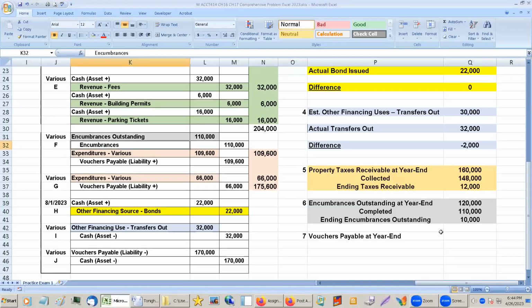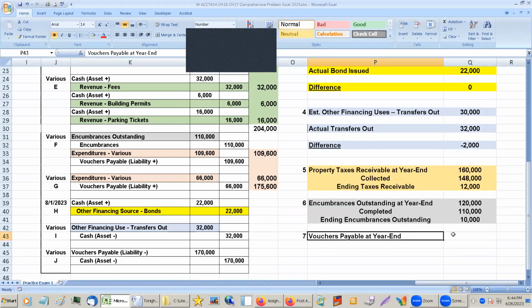The only thing we would put on there is if there was a difference between the encumbrance and the actual. If it comes in at more than the encumbrance, then we have an expenditure, or a reduction in expenditure if it comes in for less. So hopefully that's not too much, but the idea is that whatever that difference would be, it would be at year end.